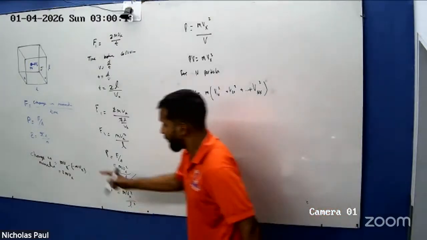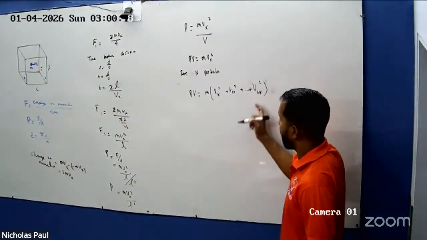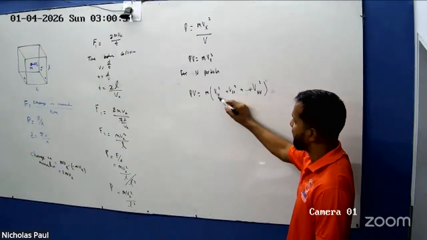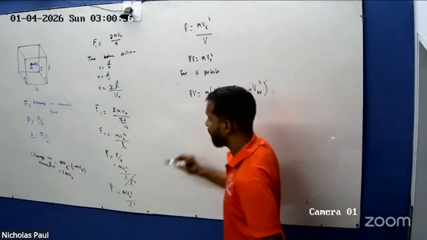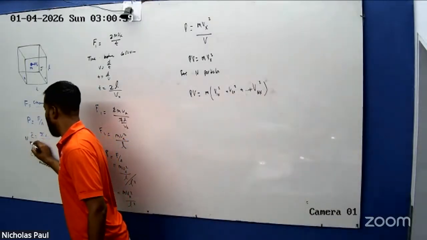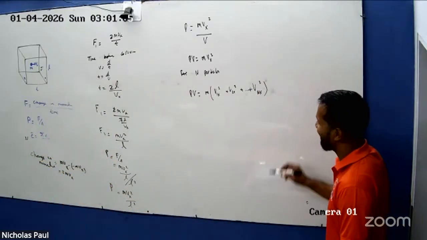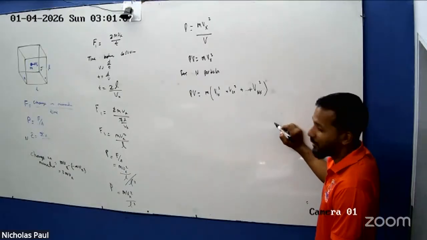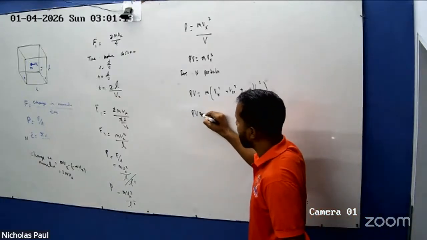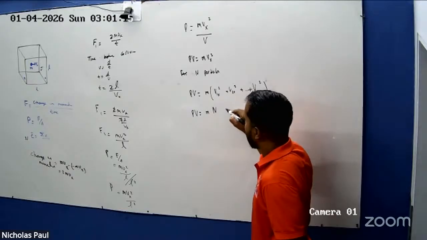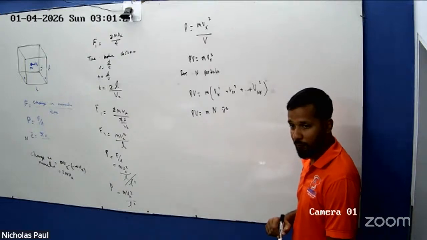Right. So now to bring in the mean. If I want to break this up, how do we find the mean again? Sum all of this and divide by n. Okay with that? So if I multiply n by the mean, I'll get this. So I'll get PV is equal to m times n times the mean speed squared.